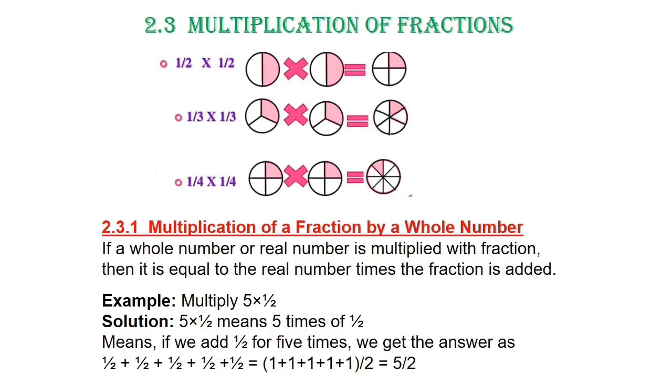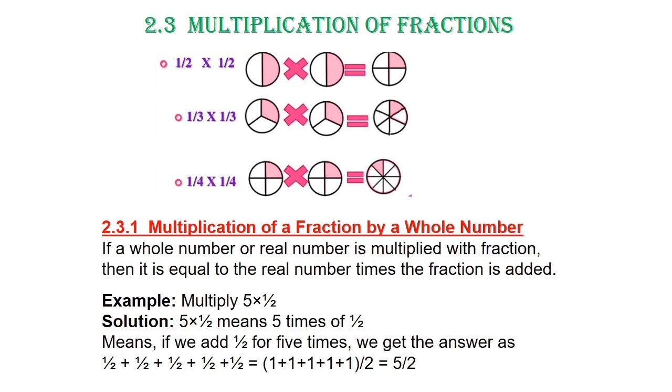Multiplication of fractions. Multiplication of a fraction by a whole number. If a whole number or real number is multiplied with a fraction, then it is equal to the fraction being added that many times. For example, multiply 5 into half. 5 into half means 5 times half, which means we add half 5 times.